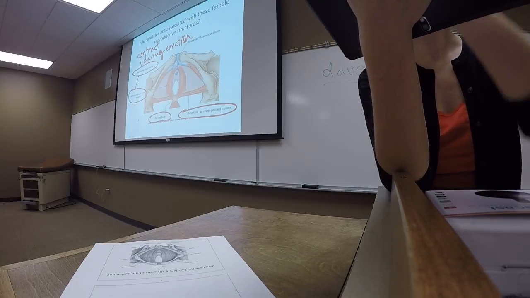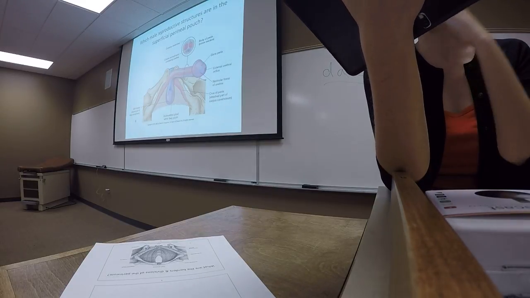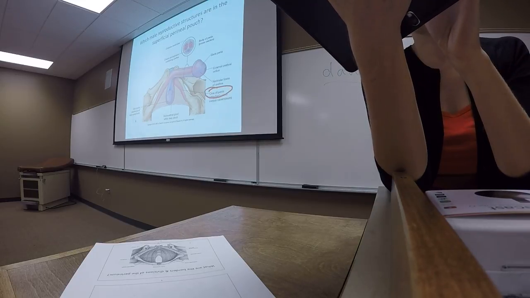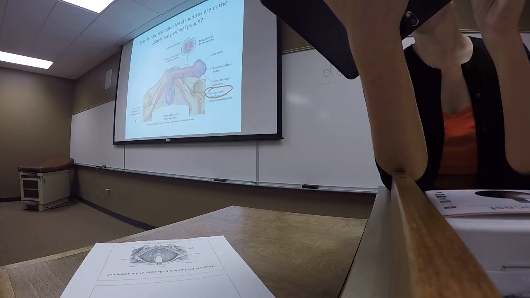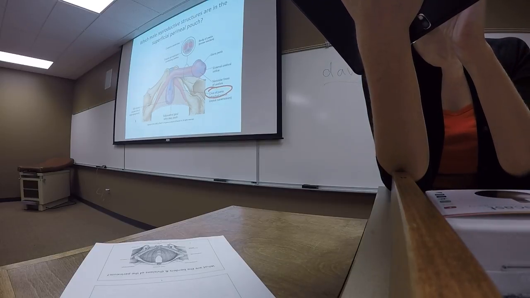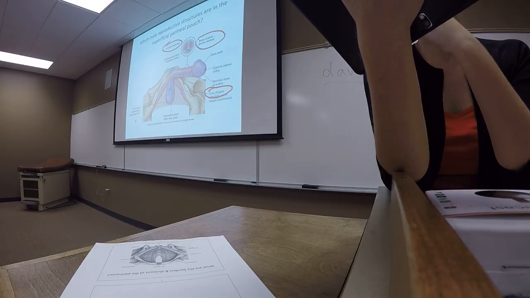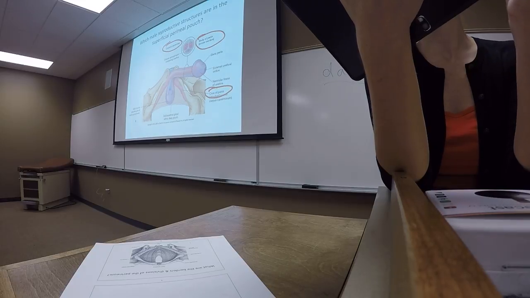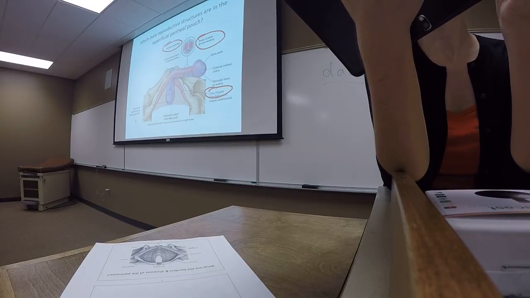So then we'll switch to the male version. Here we've got the crus of the penis attached to the ischiopubic ramus, and the corpus cavernosa in the body of the penis, as we've been learning in lab as well. And that's all the corpora cavernosa tissue.